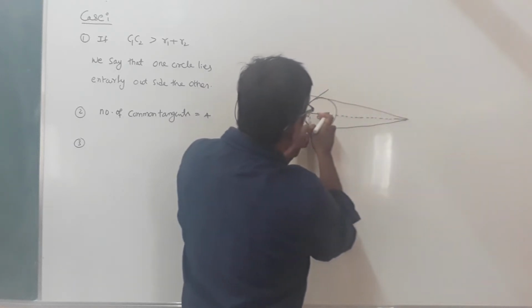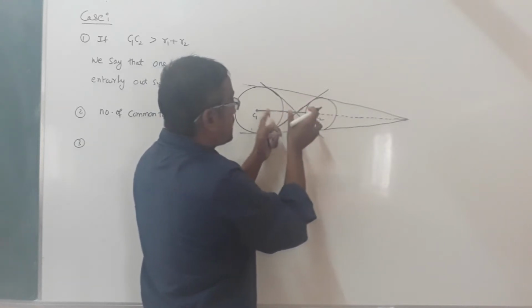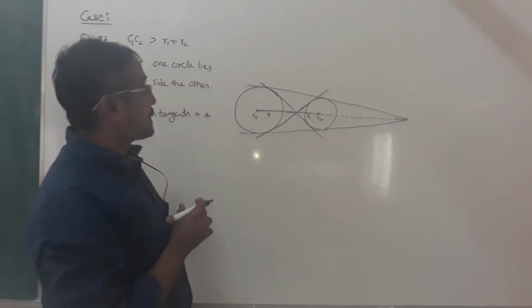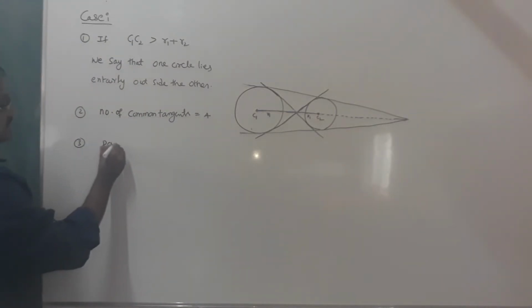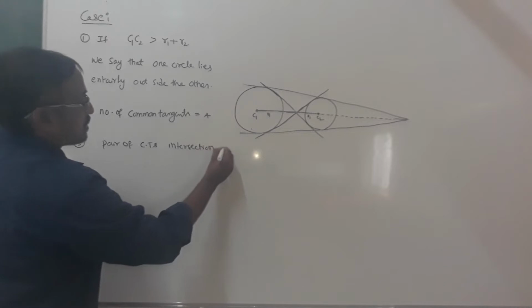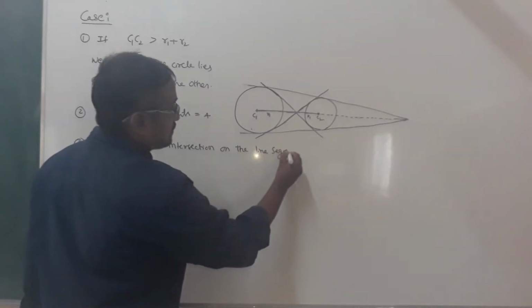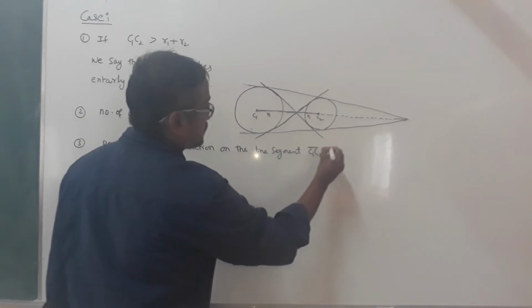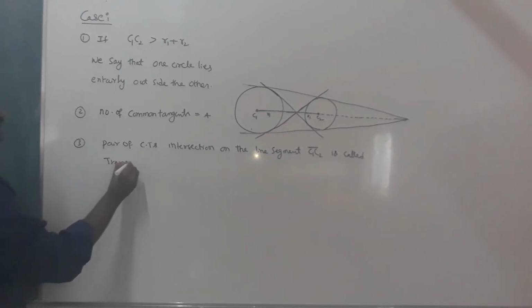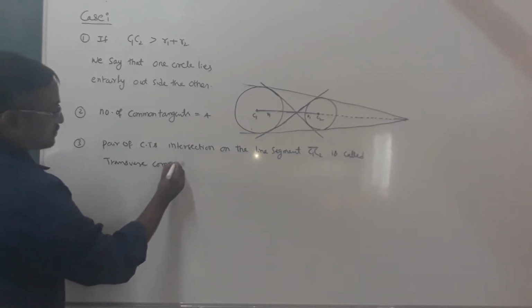Now, the pair of common tangents intersecting on the line segment C1C2 is called transverse common tangents. Very, very important.